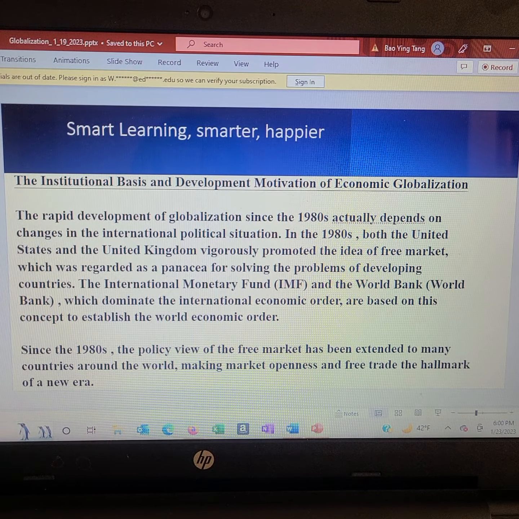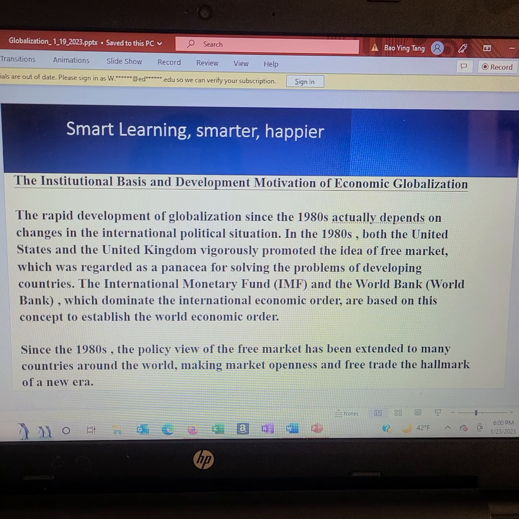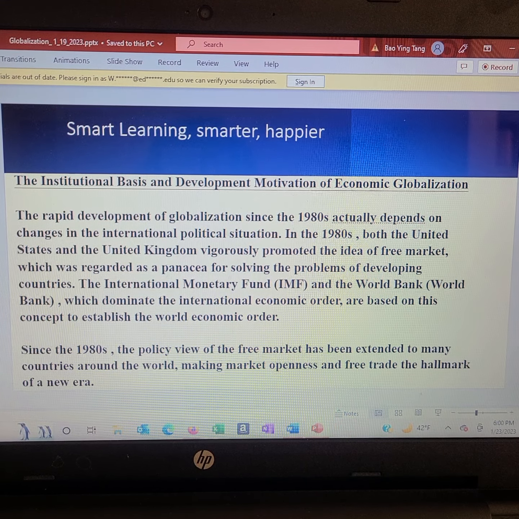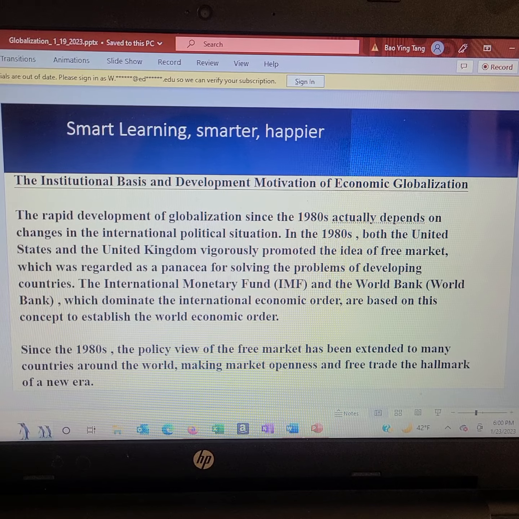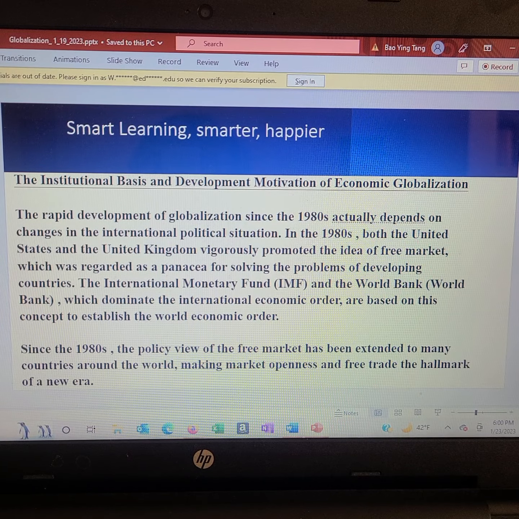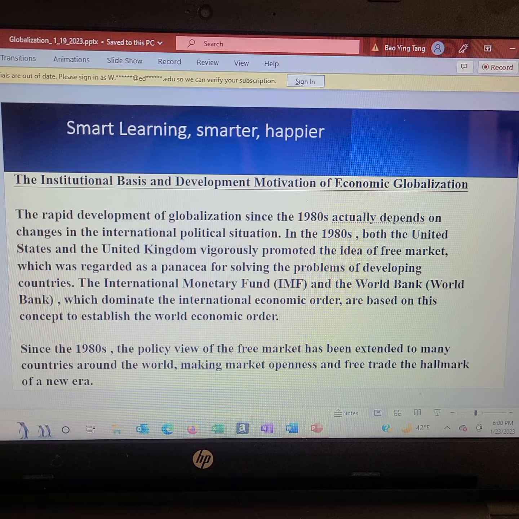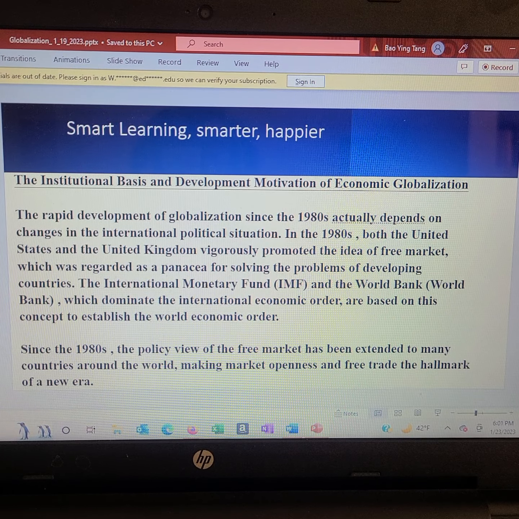In the 1980s, both the United States and the United Kingdom rigorously promoted the idea of free market, which was regarded as a panacea for solving the problems of developing countries. The International Monetary Fund and the World Trade Organization, which dominate the international economic order, are based on this concept to establish the world economic order.